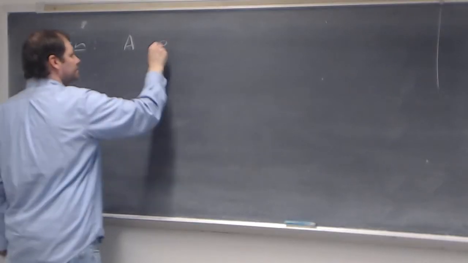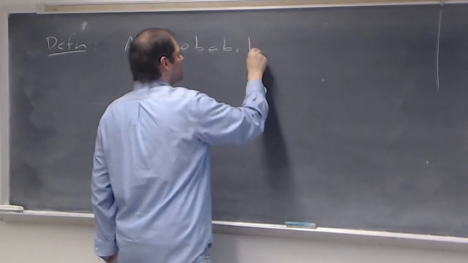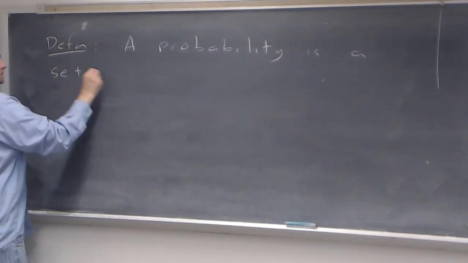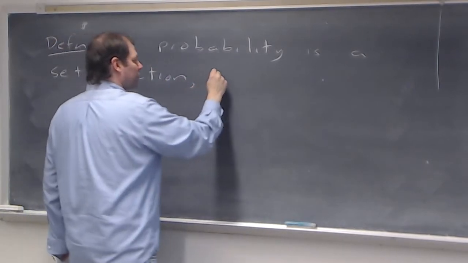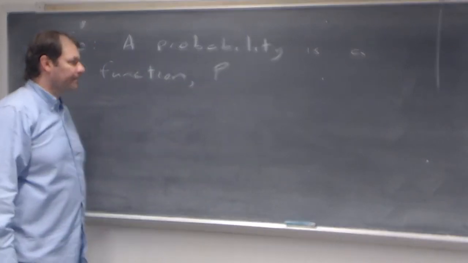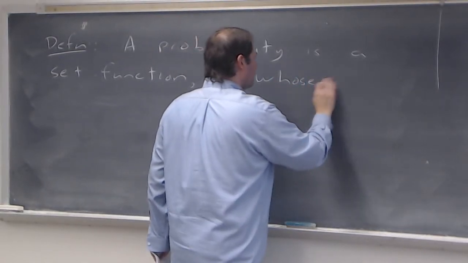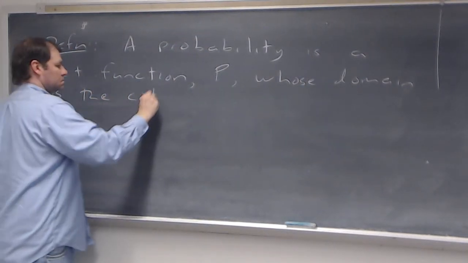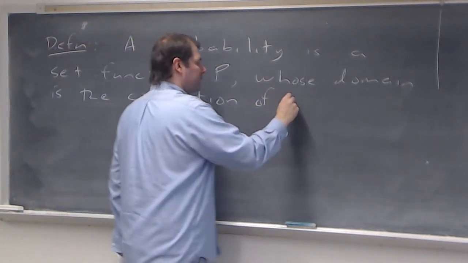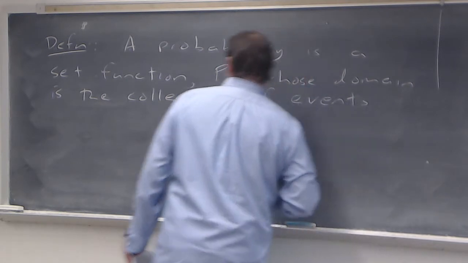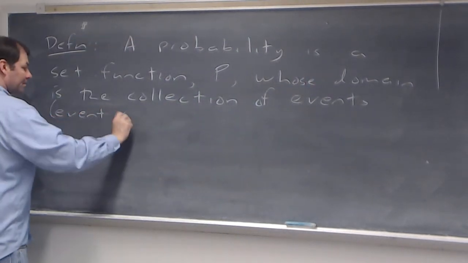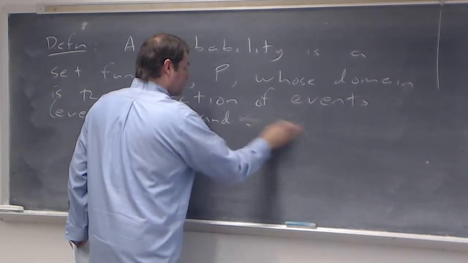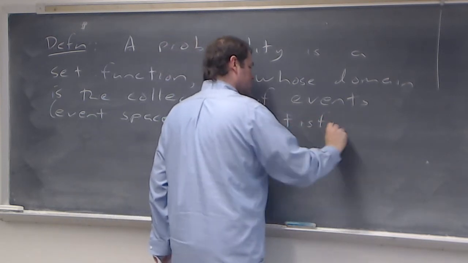So, a probability is a set function, we'll denote it by P, whose domain is the collection of events, also known as the event space, and which satisfies the following.